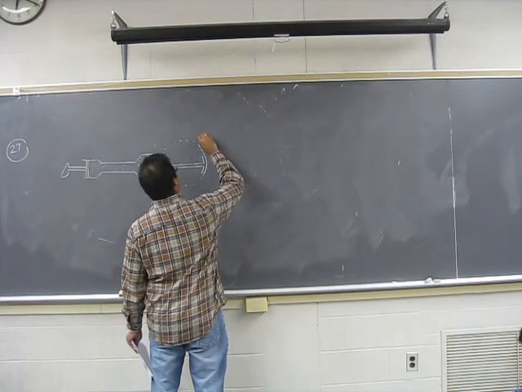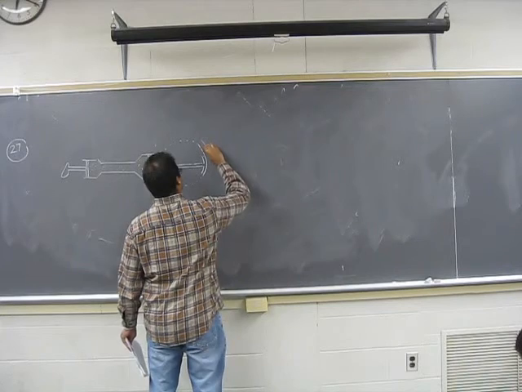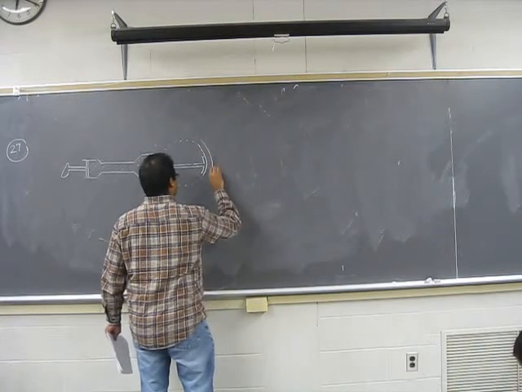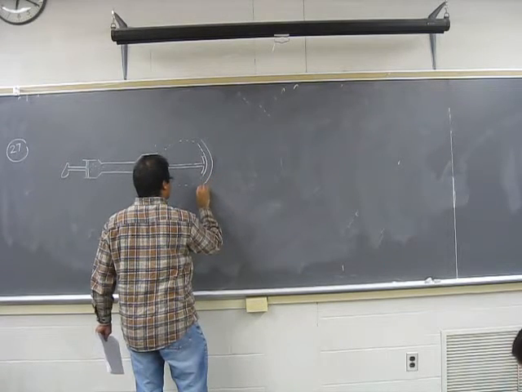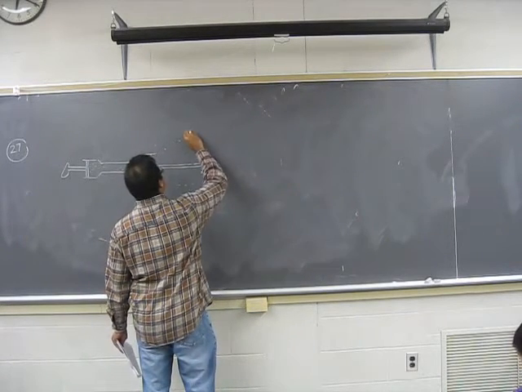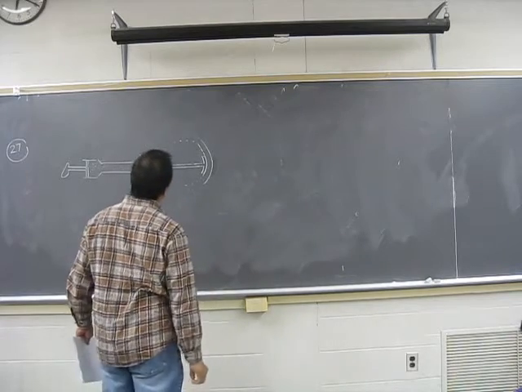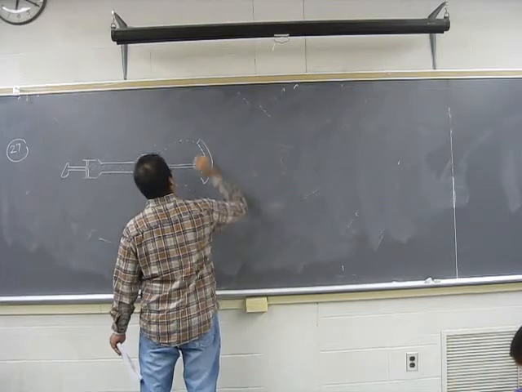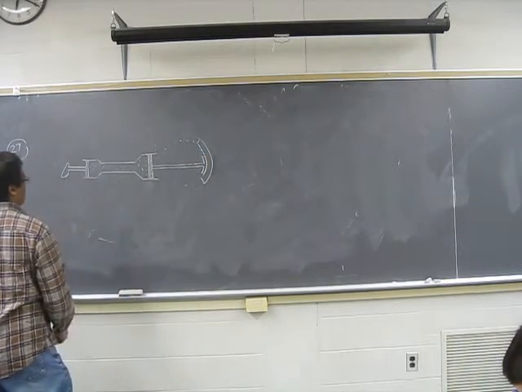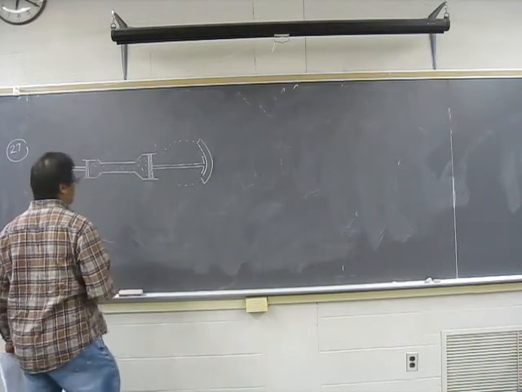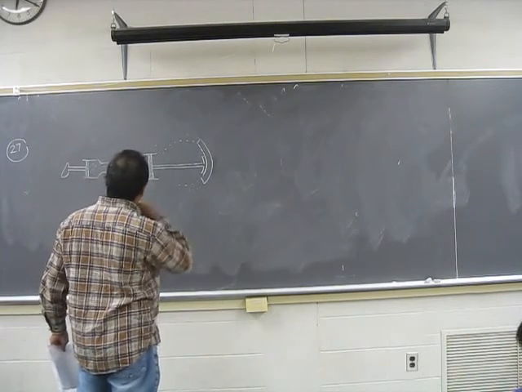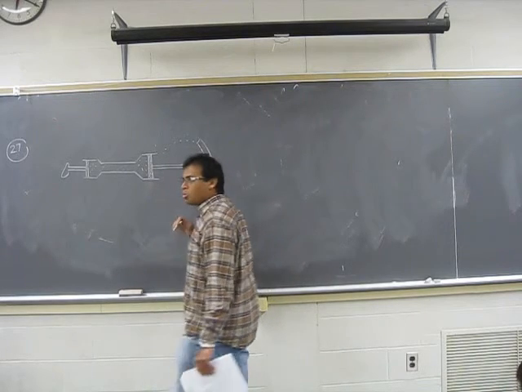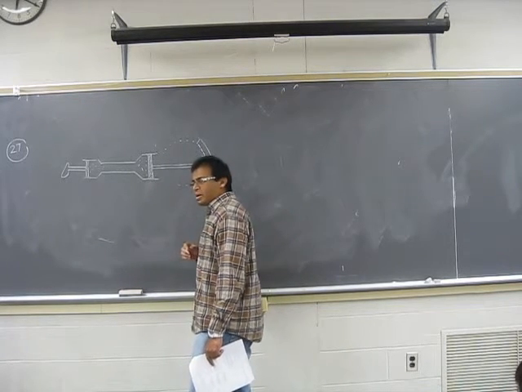Now, this is the drum. I will go over this in a minute. So let's try to put the numbers first, and then let's focus on what we need to find, and then I'm going to go over what it is.